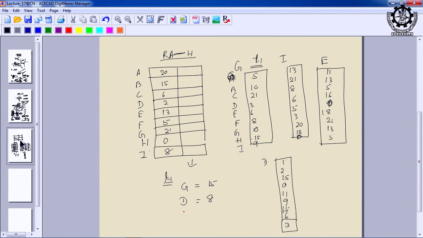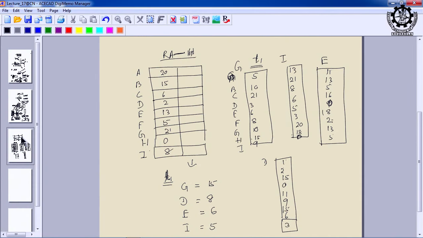I can reach E with a value of 6, and I can reach I with a value of 5, right. Now, update the local table of H, find the updated routing table of H at time T1, do it.